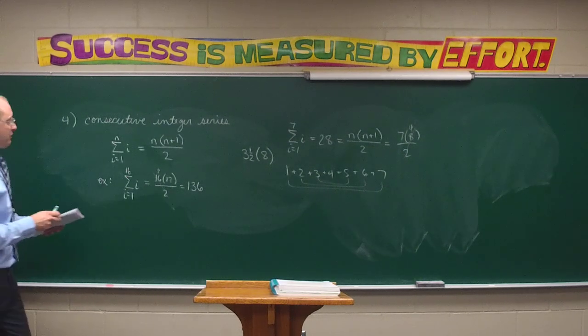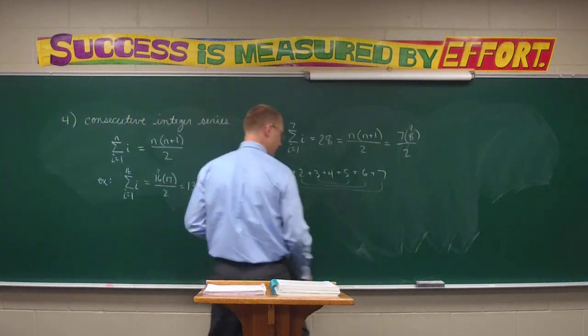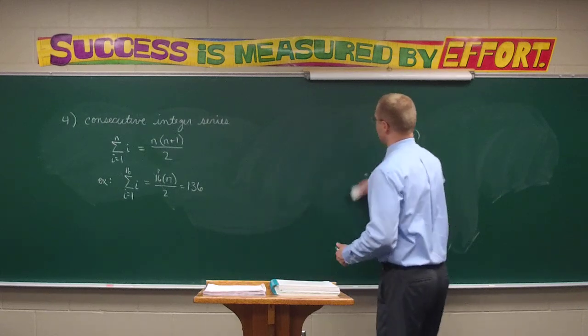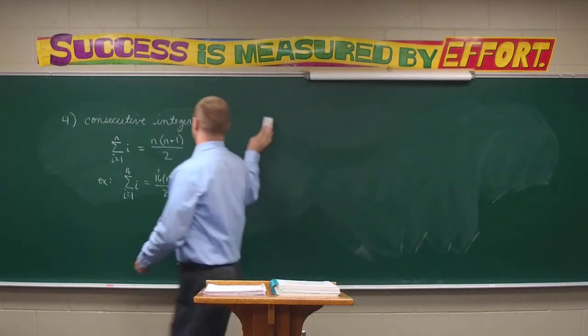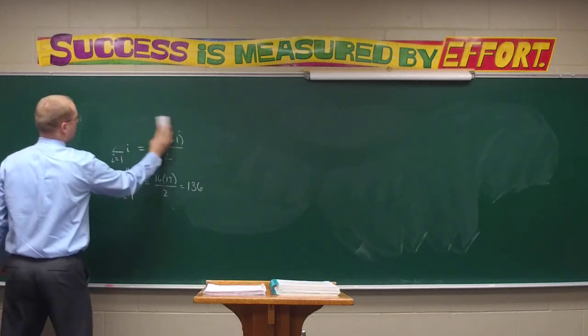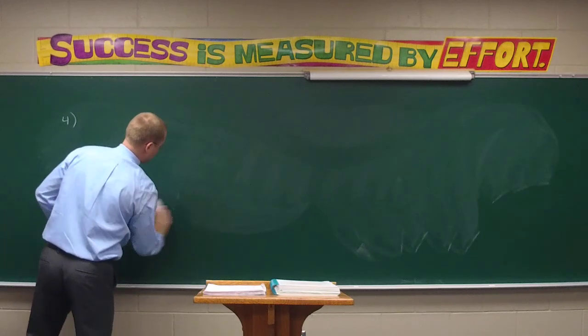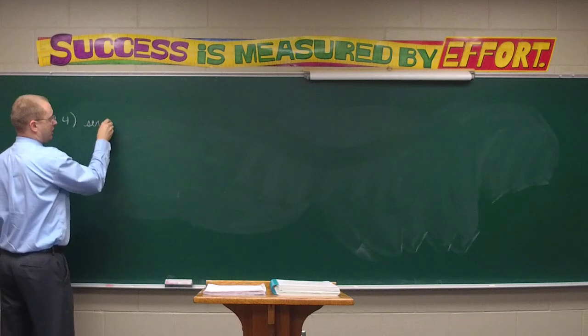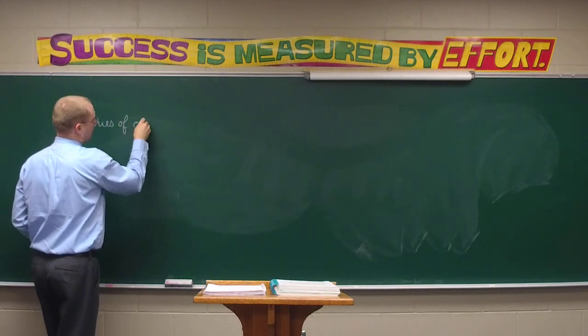All right, next formula for you to get in your notes. Formula 5 is a consecutive squares series, or a series of consecutive squares.